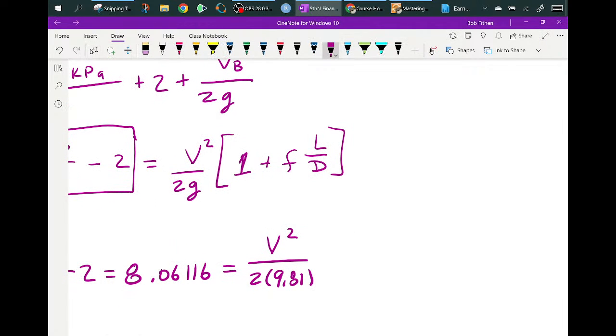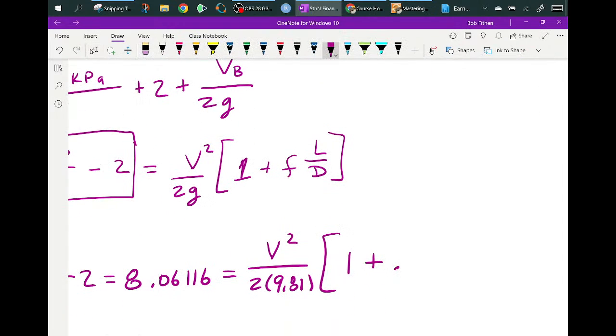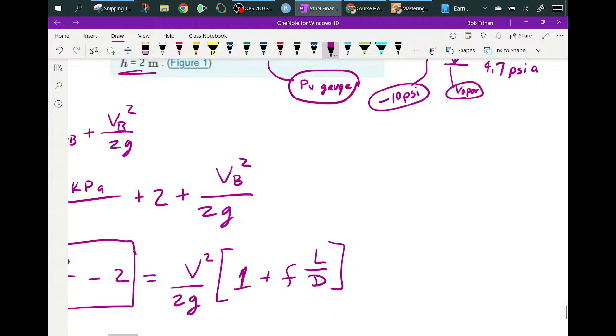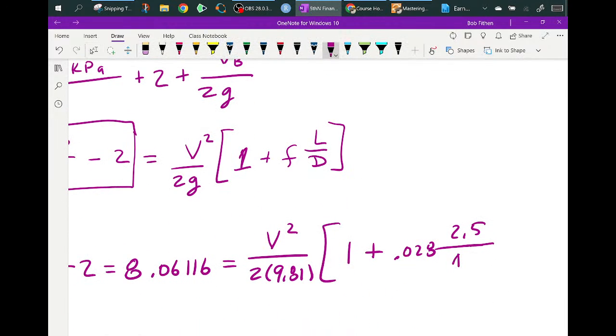Okay, hang on. 1 plus, he said 0.028, 0.028, length 2.5 meters over diameter, I believe, of 45 millimeters, e to the minus 3. And so all you have left there is to solve for V.